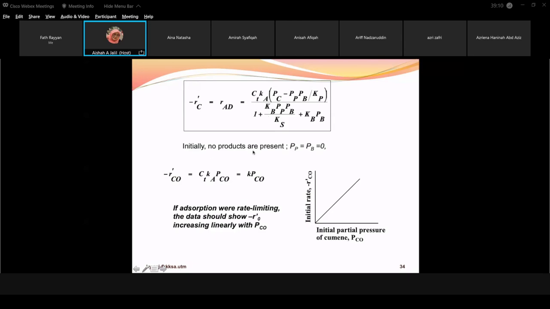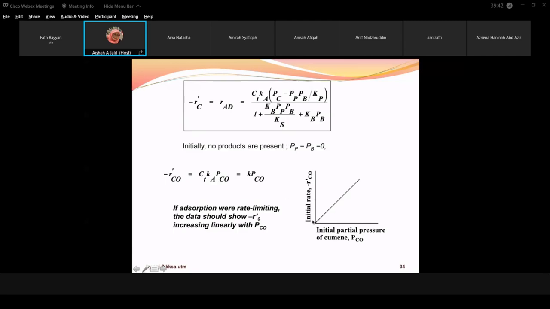So initially no products are present, so you can cancel this one, it becomes 0, because P_B and P_P equal 0, so you have to simplify the complex equation to be like this. And then if the adsorption were the rate limiting step, the data should show like this.